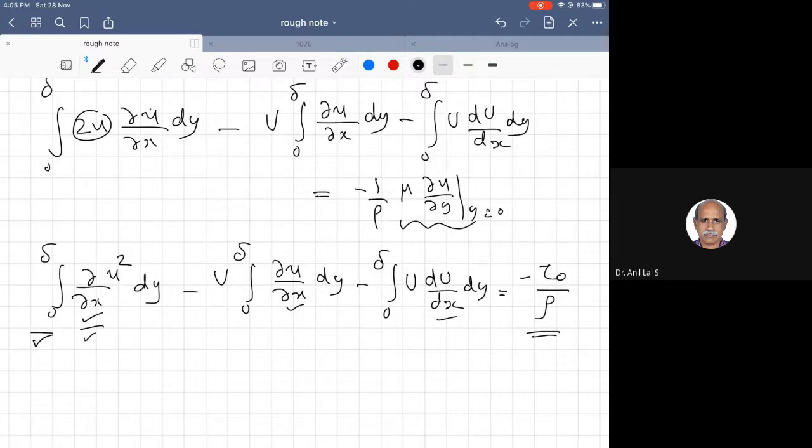I want to write the differential of integral quantities, that is, differential is out and integral is inside. We have integral quantities like momentum thickness, displacement thickness, etc. The differential of momentum thickness, that form I want to write. So differentiation has to be outside. It is called changing the order of differentiation and integration.